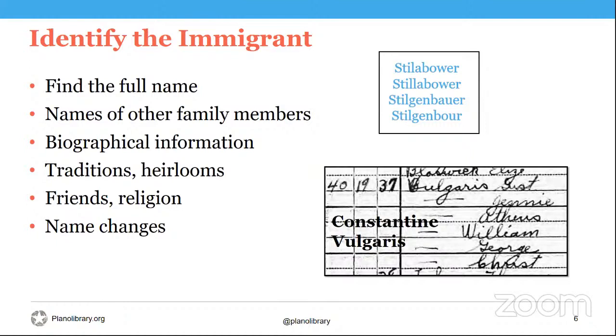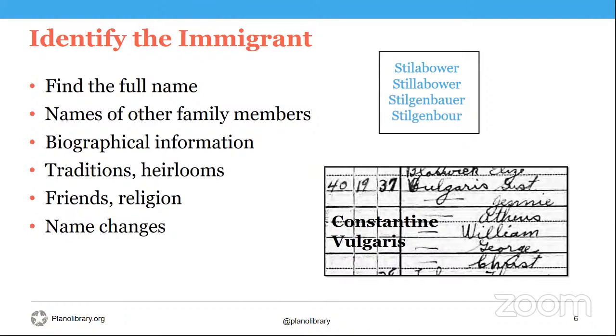And once you find one of them, you find Constantine. I would have never known this was Constantine, except that the person who gave me this record as an example said he knew all these others were family members, so he had to believe this was Constantine. Those are some of the things you start off with.